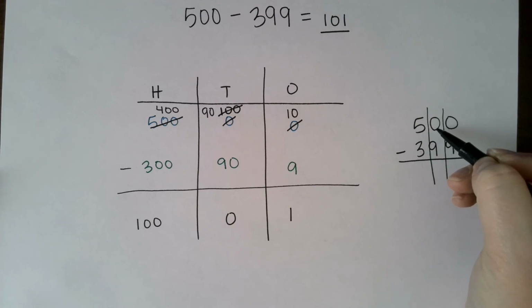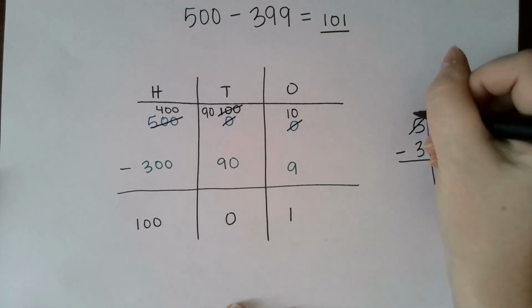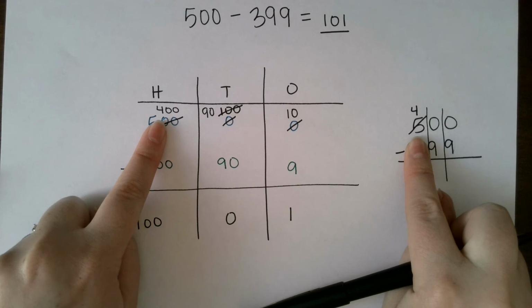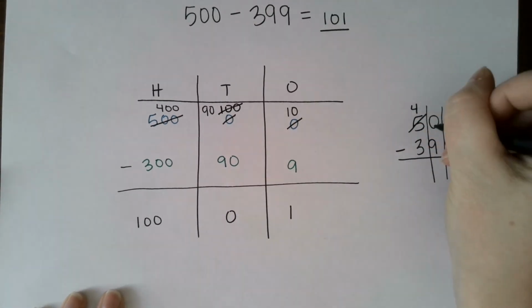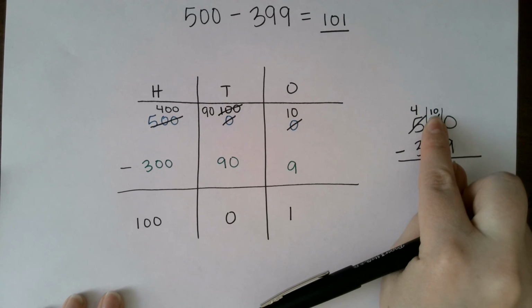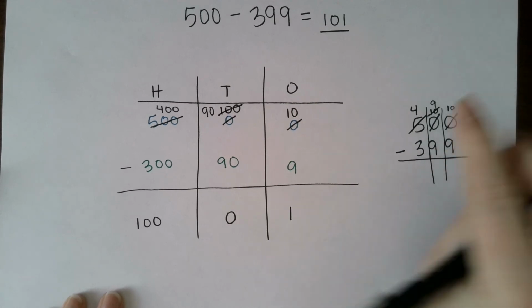There's still nothing to take away. So we turn 500s into 400s, just like we did there. Those 400s regroup to make 10 groups of 10. And then I can take one group of 10 and put it into the ones place.